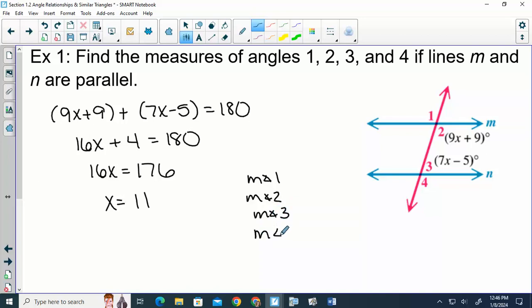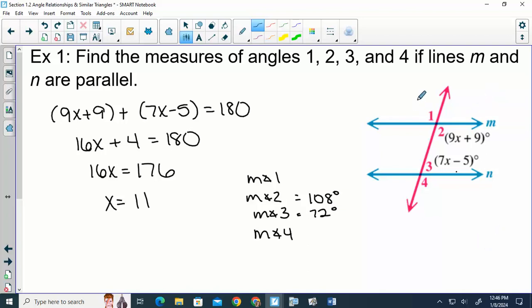Remember, we can use M for measure. You have to put the degree symbol. So on angle 2, if you put it in, you get 99 plus 9. So 108 degrees. Angle 3, we plug in 11, 77 minus 5. 72 degrees.